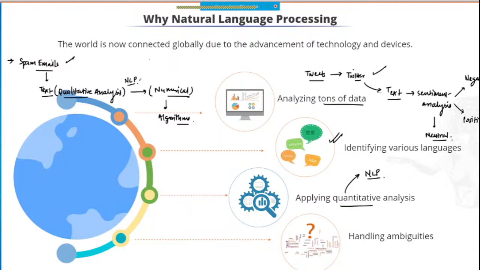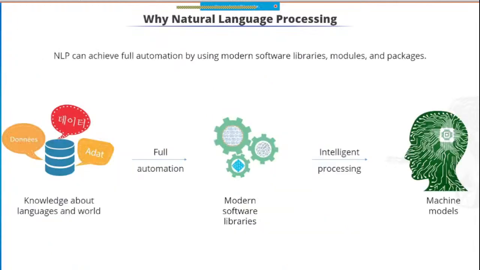And here are certain examples like handling ambiguities, handling the spam or ham mails, then extracting the text information from the data by analyzing lots of data here. Okay. NLP can achieve full automation by using modern software libraries, packages, modules.